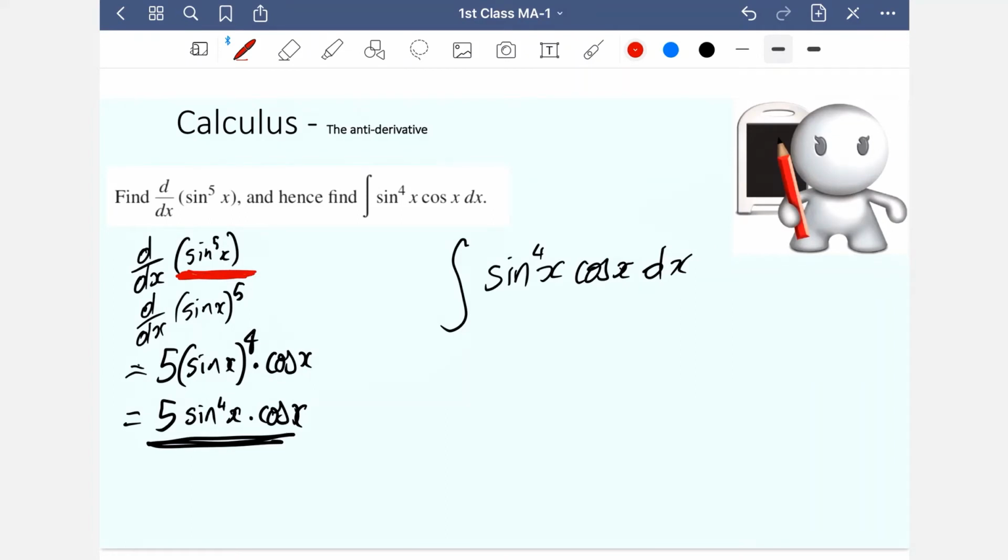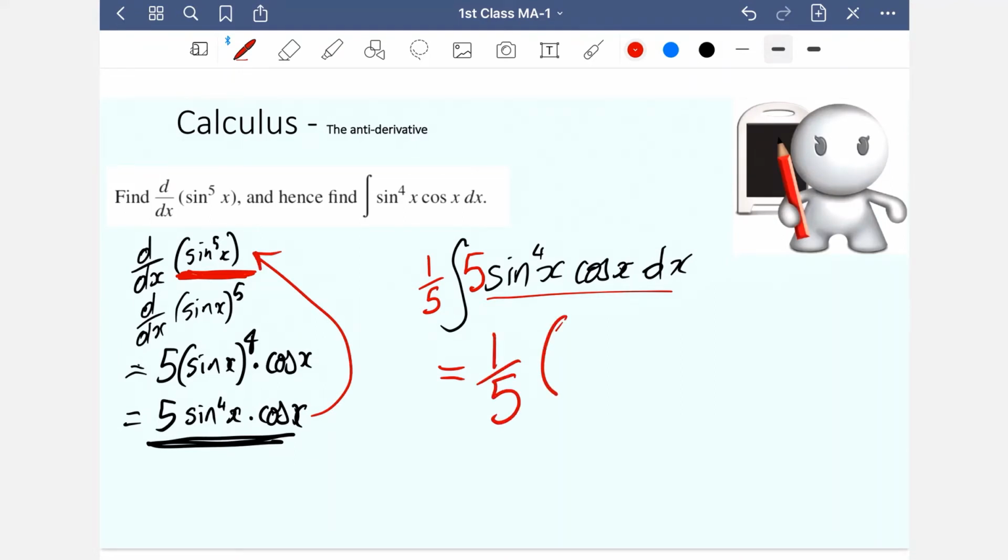Now I don't have, in this statement, 5 sine to the power of 4 x cos of x. But I can manipulate. So I'm going to put the 5 there, and therefore I would need to put the reciprocal outside of the integral. And so now I can actually integrate this to get to that, but I'm also multiplying it by a factor of 1 over 5.